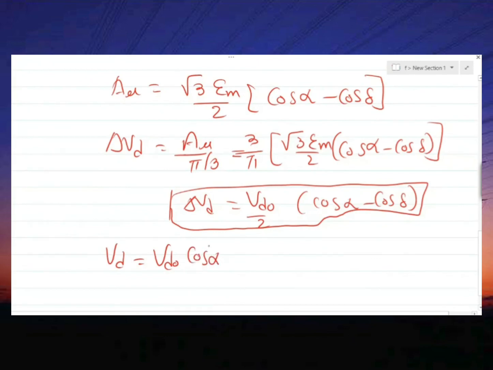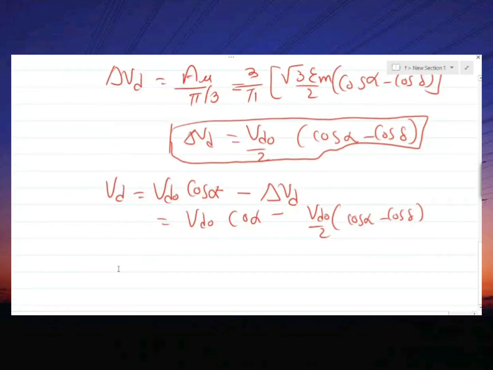This is with delay angle, and due to the overlapping, it is minus del Vd. So now your equation becomes Vd is equal to Vdo cos alpha minus del Vd, where del Vd is Vdo by 2 (cos alpha minus cos delta). Also, we derive one expression of del Vd.